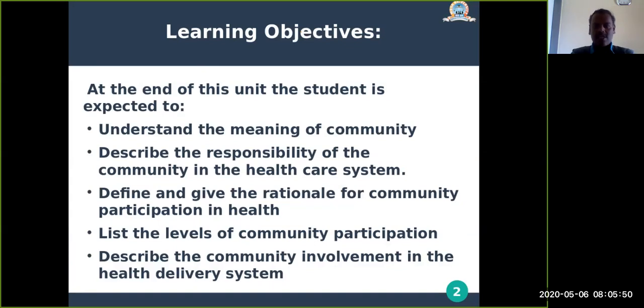For this session, the learning objectives are about what I am expecting from you after finishing my lecture. You should understand the meaning of community.